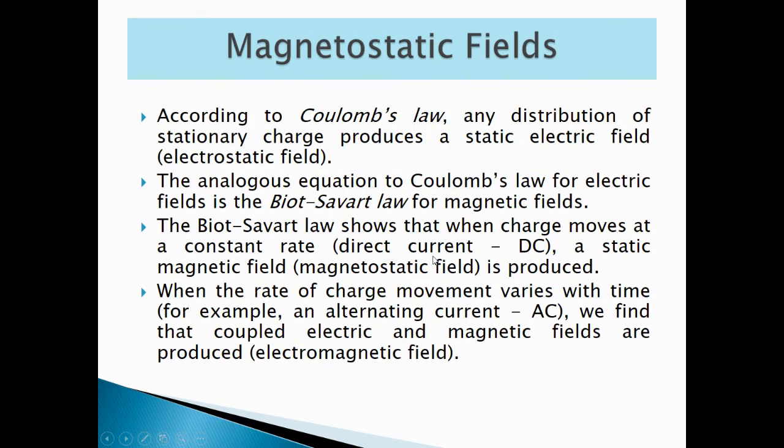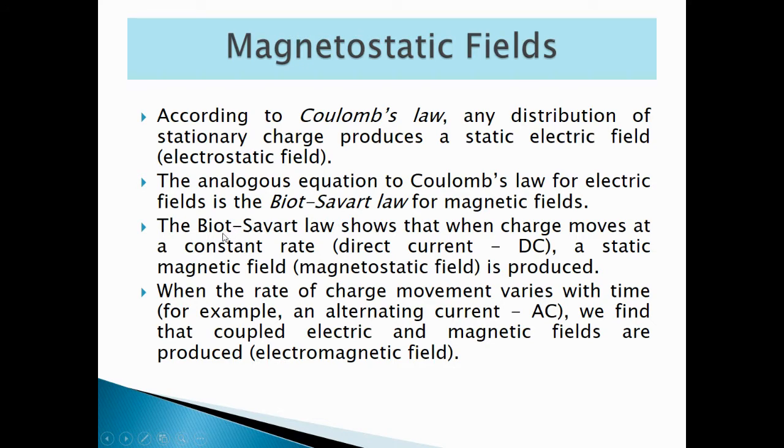Any charge which is static, not moving, has only electric field components. But if that charge starts to move in a certain direction without changing direction, let's say from negative to positive or positive to negative, it produces a constant static magnetic field.